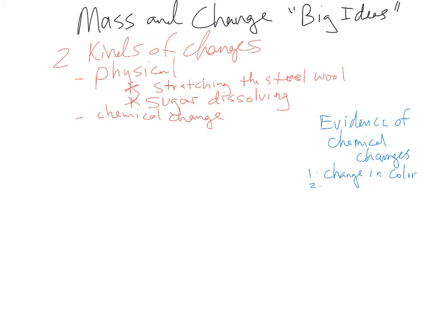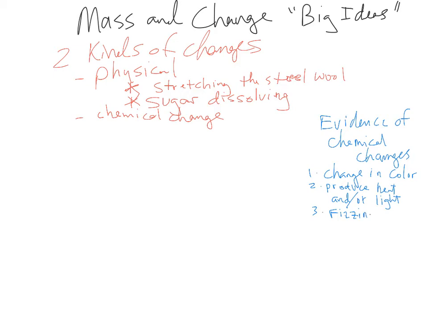Let's see. We could have the production of heat and or light. That would be an evidence of a chemical change happening. 3. How about fizzing and bubbling? I believe we saw that.